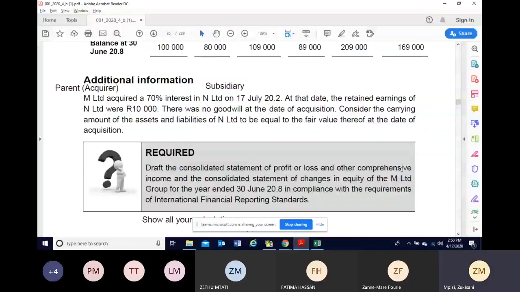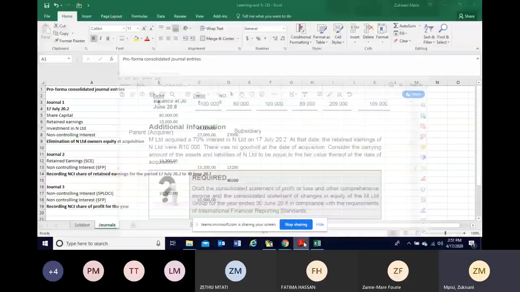So the second question that I want us now to look at is a question on tutorial letter 102, which is question 3. But before we do that, I just want to check if there's no questions on what we have just done.